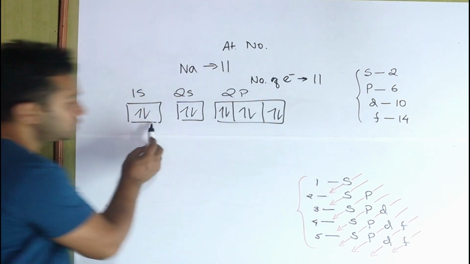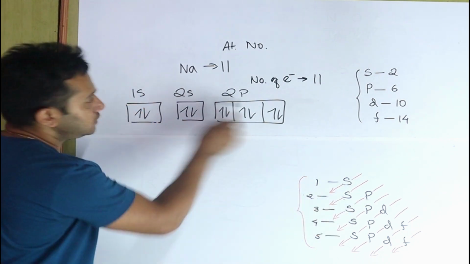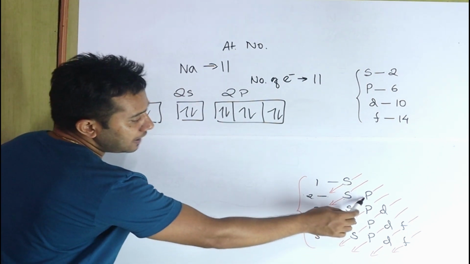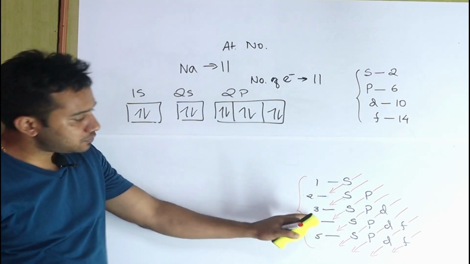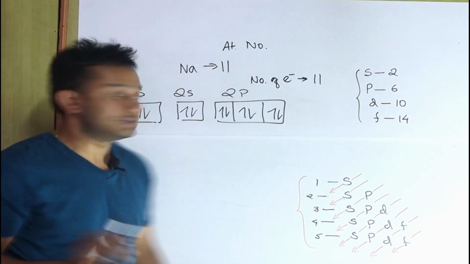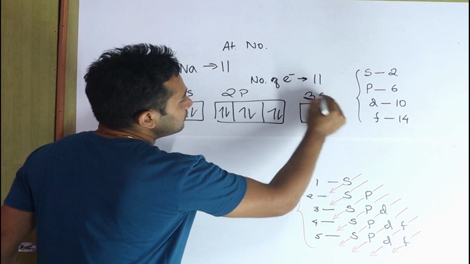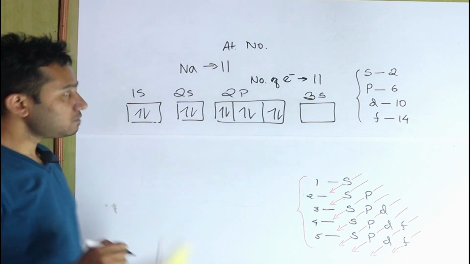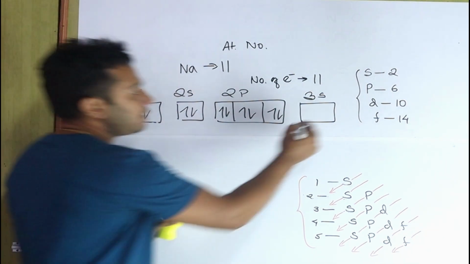So the 1s I've already drawn, 2s already drawn, 2p already drawn. So after p, what do we have? We have s, right? After p we have s, but which s? We have 3s. So out here one more s orbital, and this is your 3s. So now 10 electrons are already filled, one more electron is left.